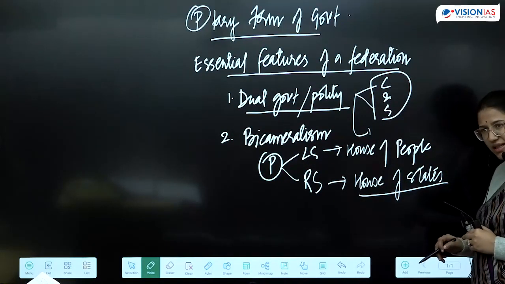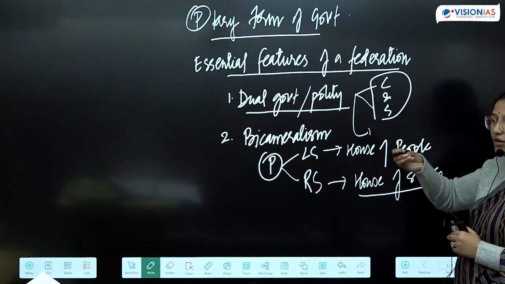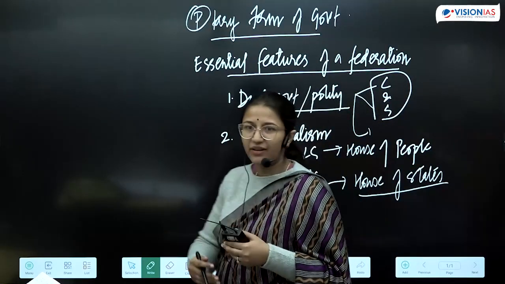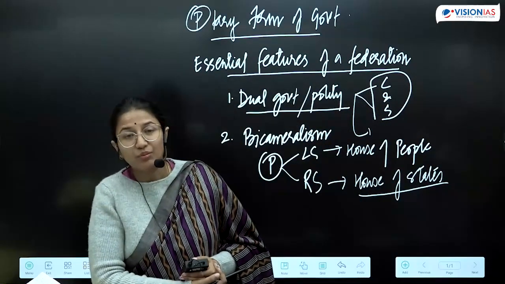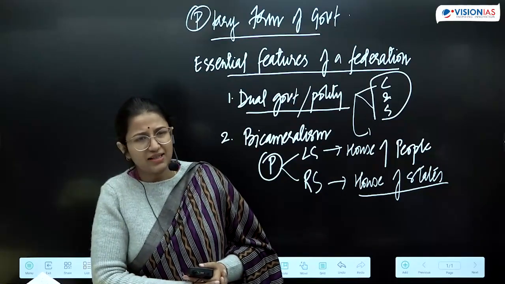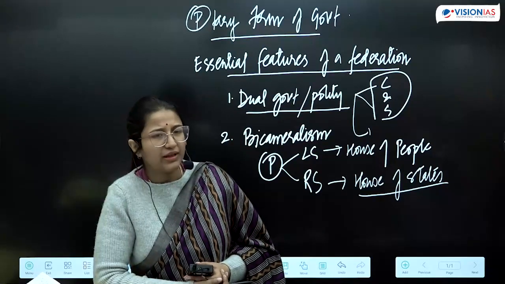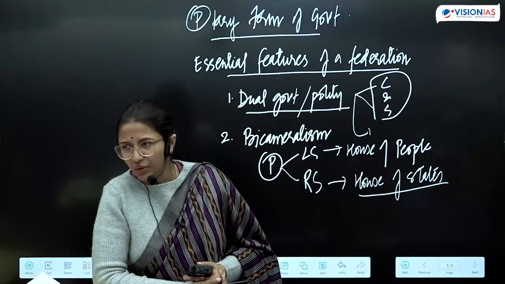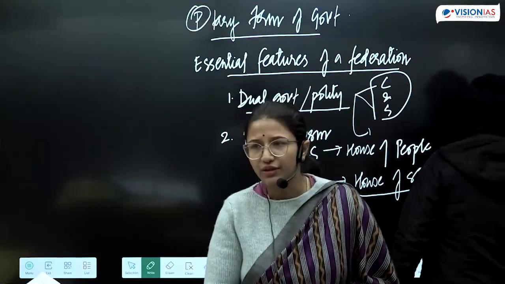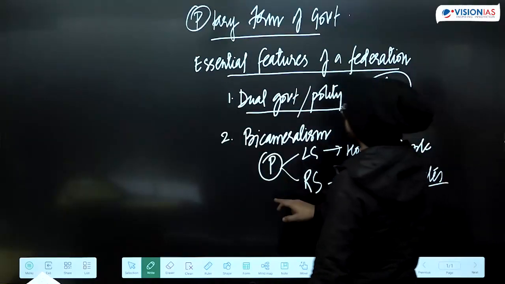Rajya Sabha exists because there might be certain legislations made at the national level which might impact the states. So it is necessary to have the consent of states in those legislations. Therefore, there is Rajya Sabha, the house of the states, which has an important role as far as federation is concerned. What else?